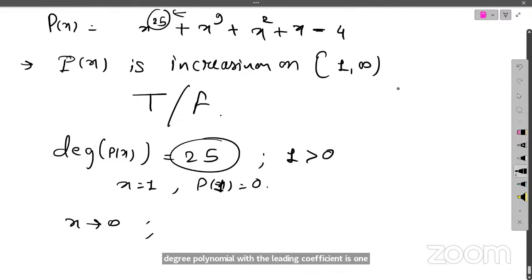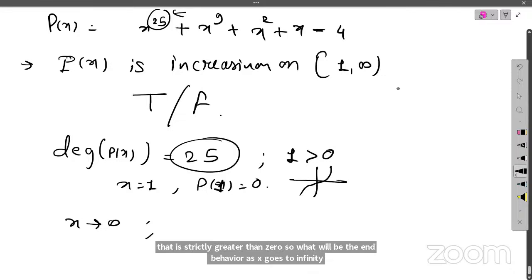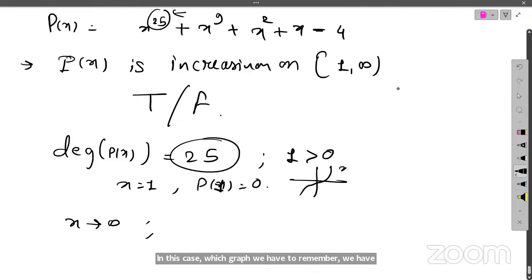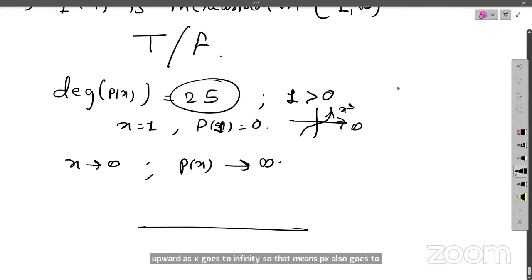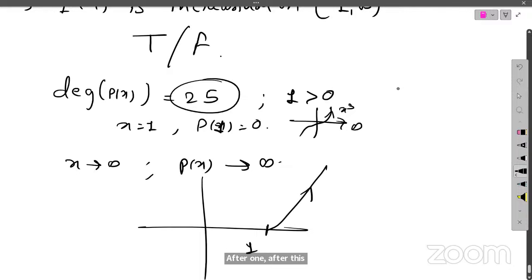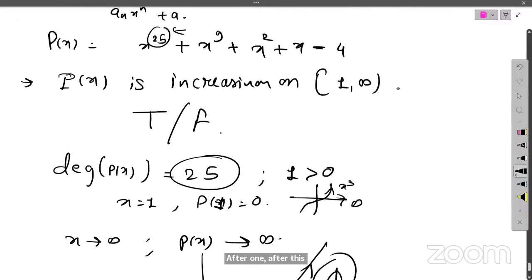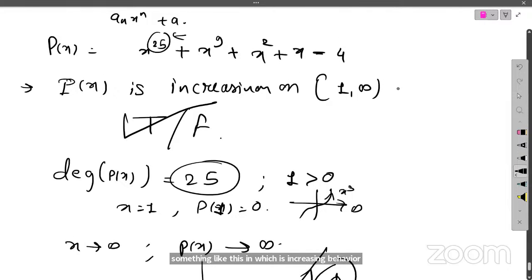In this case, which graph do we have to remember? We have to remember the x cube graph, right? The x cube graph goes upward as x goes to infinity. So that means p(x) also goes to infinity. So after this point, p(x) behaves like this, which is increasing behavior. So that means the statement is true.